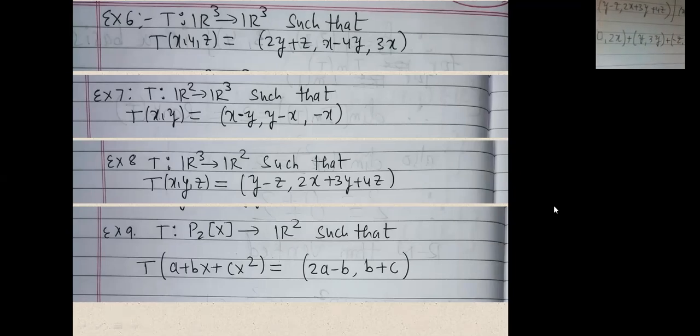Now we'll take x outside, y outside and z outside, and then we will see what is happening. That is equal to, if I take x outside, I'll get (0, 2), plus y outside, I'll get (1, 3), plus z outside, I'll get (-1, 4), such that x, y, z belongs to R. So I got this combination of the vectors (0, 2), (1, 3), (-1, 4).